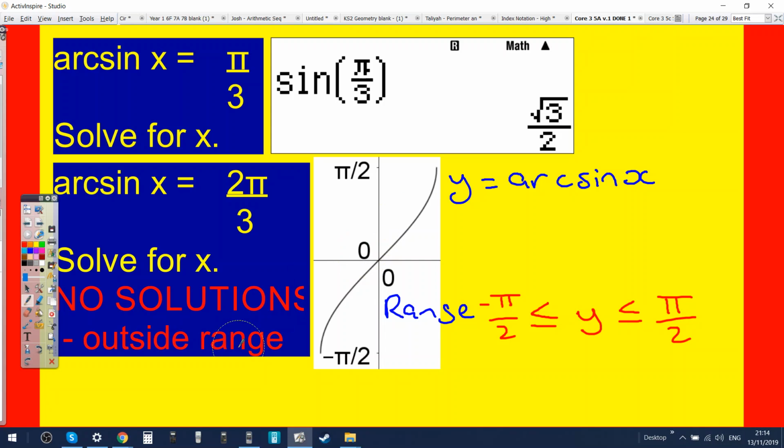So remember with our function, we said it's between pi over 2 and minus pi over 2. So for arcsine x, 2 pi over 3 is too high up. It's higher than pi over 2, in the same way that 2 is higher than 1.